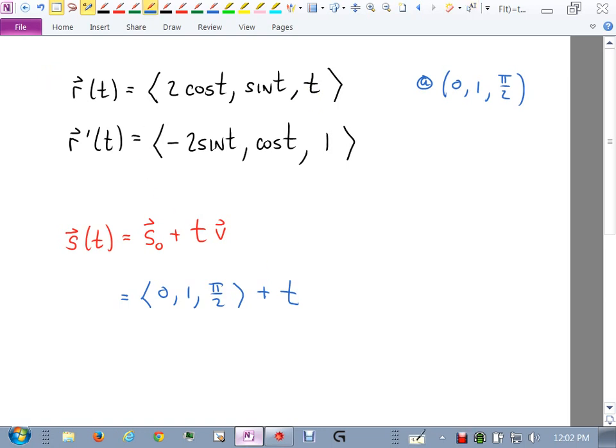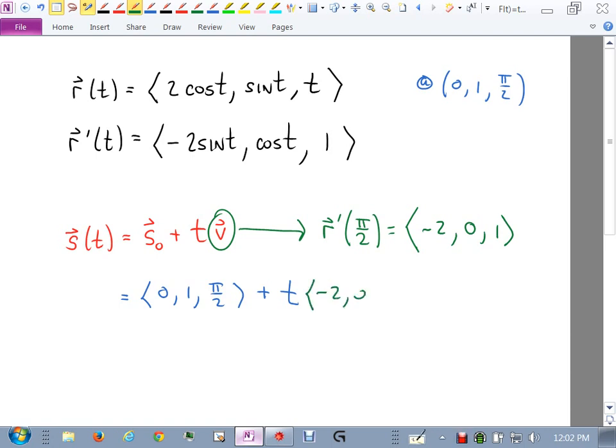So to get this v, I actually need to know what the derivative is at pi over 2. The derivative at pi over 2, which for us would be negative 2, 0, 1. And that means my direction vector down here is negative 2, 0, 1. Is this good enough? Is that the vector equation of a line?